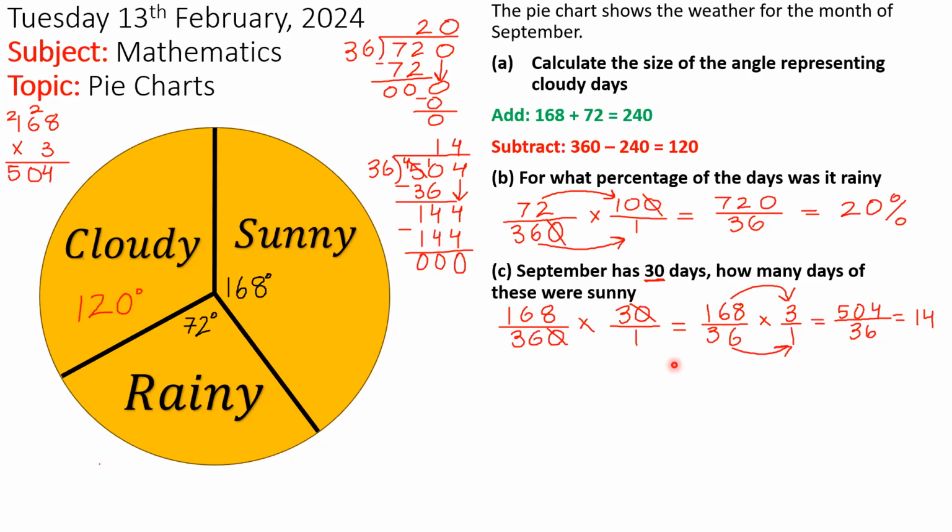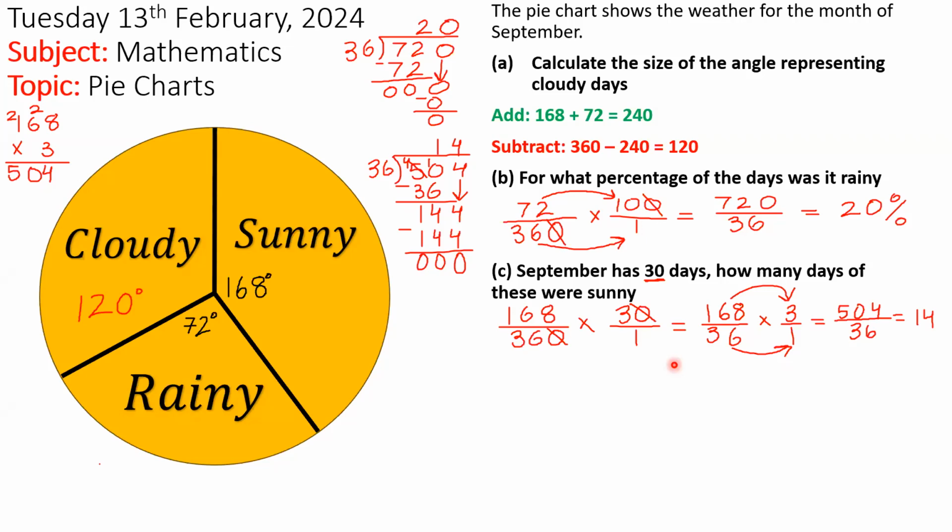So first, the question says September has 30 days. How many days of this was sunny? The degrees for sunny is 168, so we put that as a fraction, 168 over 360. Then you times that by 30 over 1. Then you cancel out the 0 and 360 and the 0 and 30, and write it again, which will be 168 over 36 times 3 over 1.